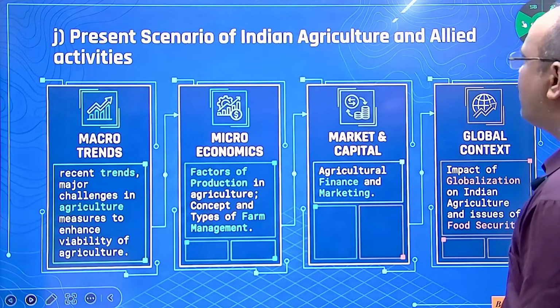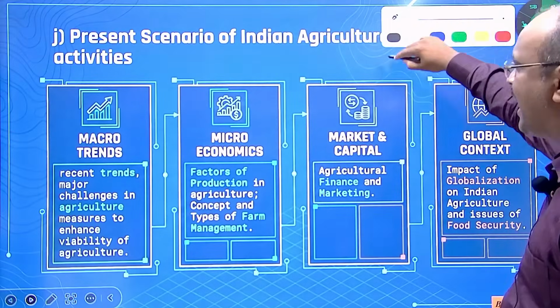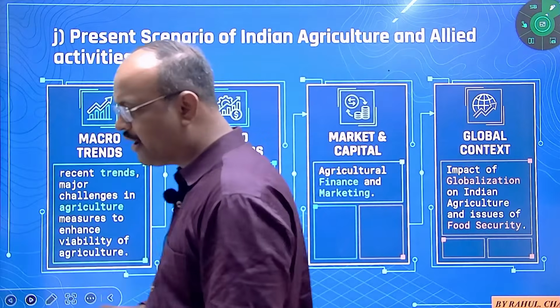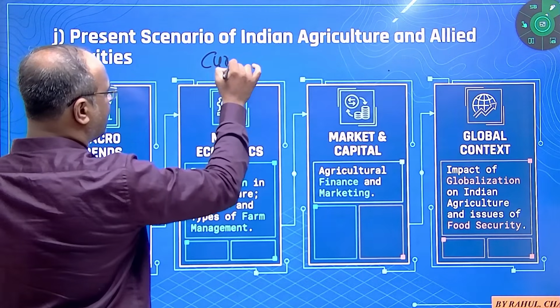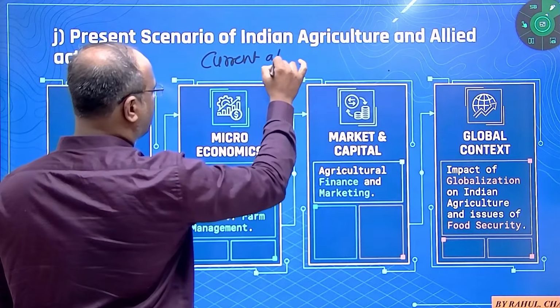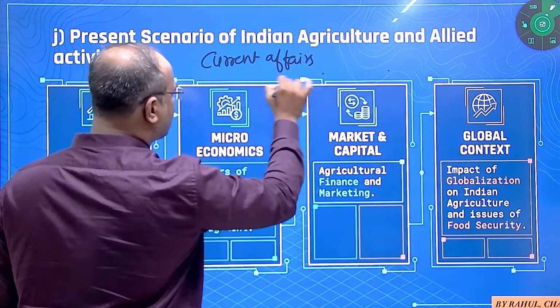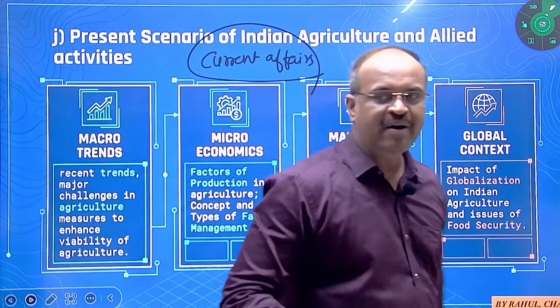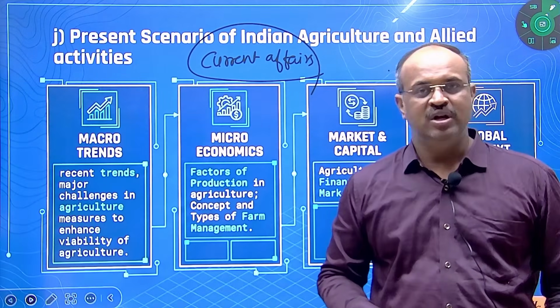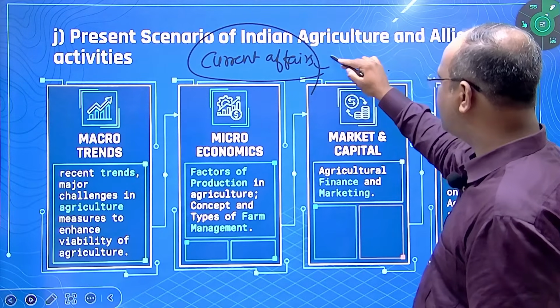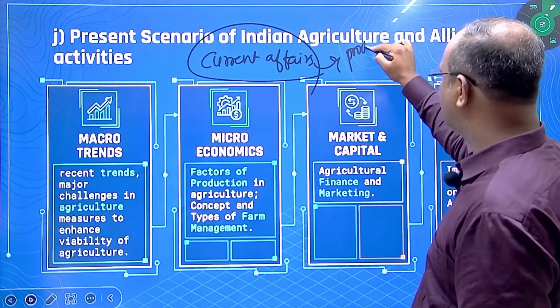Now the present scenario of Indian agriculture and allied activities. What we are talking about here, we have to focus majorly on the current affairs part. Because what NABARD actually asks about is production. Production of what?